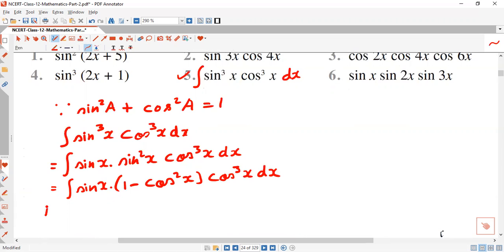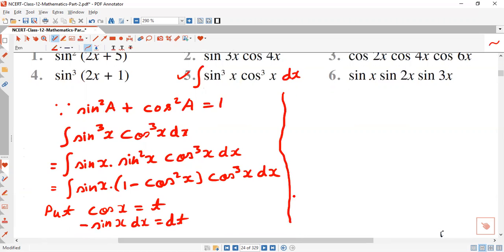Now put cos x equal to t. If we put cos x equal to t, we get minus sin x dx equal to dt. So this integration becomes what? This 1 minus cos square x becomes 1 minus t square, and cos cube x becomes t cube.